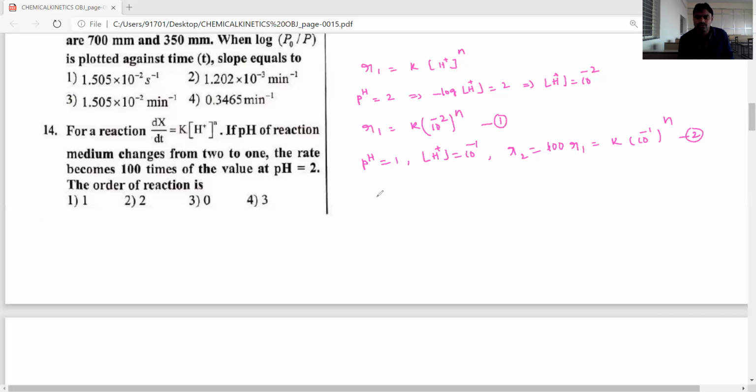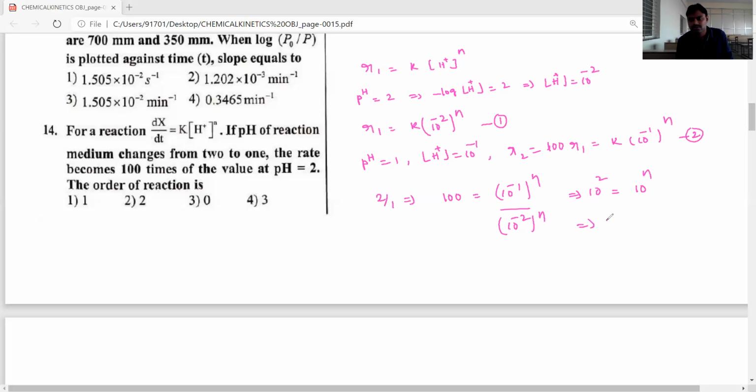Then equation 2 divided by equation 1 gives 100 is equal to 10 to the power of minus 1 whole to the power of n by 10 to the power of minus 2 whole to the power of n. This 100 is nothing but 10 squared, so 100 is equal to 10 to the power of n.